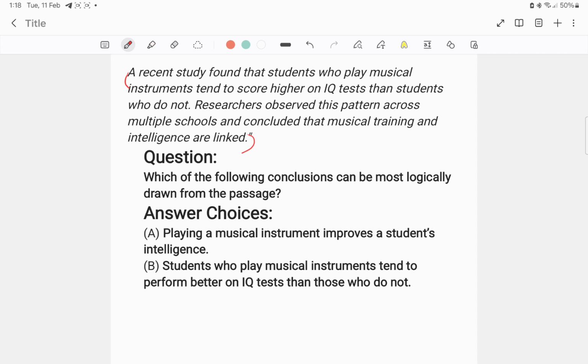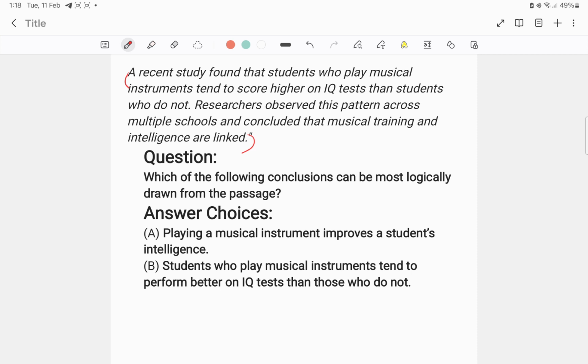Step 4 is to check for overgeneralization or oversimplification. The option says that playing music improves a student's intelligence.